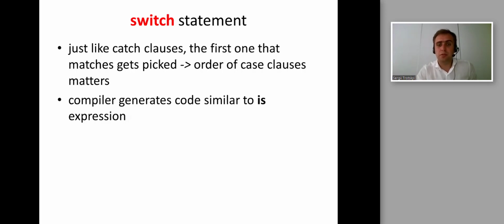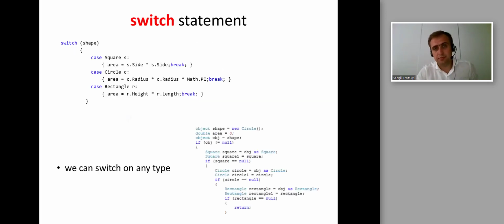The compiler generates code similar to the is expression. So you see the switch statement, you see the syntax. We can switch on any type. And the compiler, based on the construction, produces that.